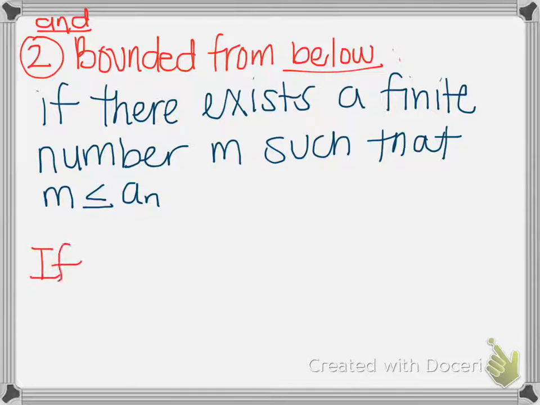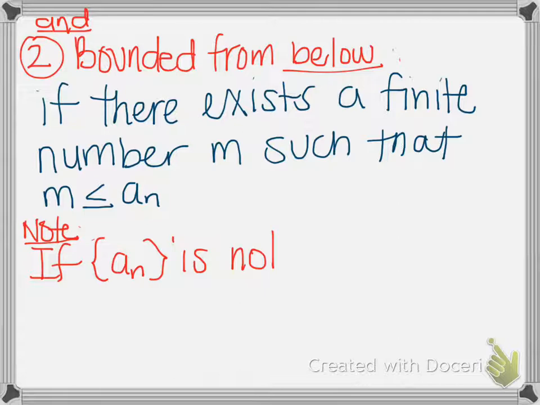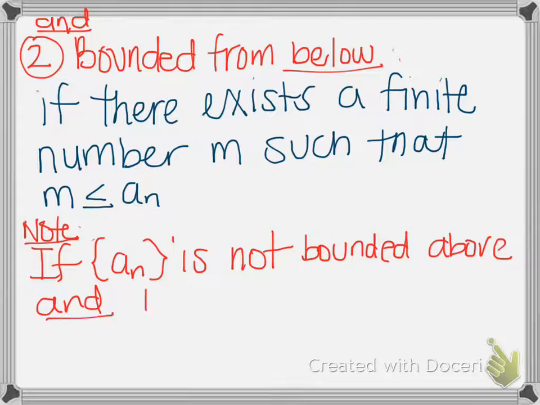If, and this is just a note, sorry for trying to write as neat as possible on this iPad, if a sub n is not bounded above and below, then it is an unbounded sequence.